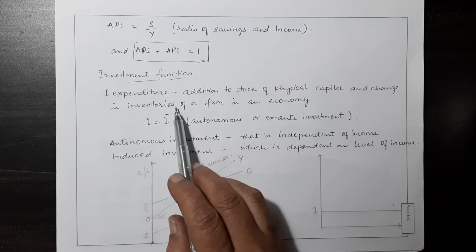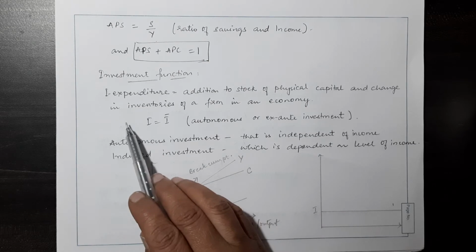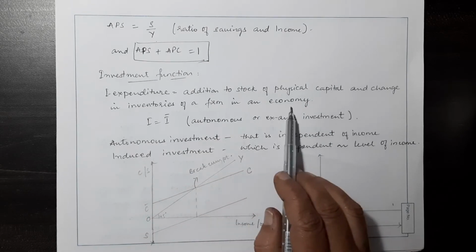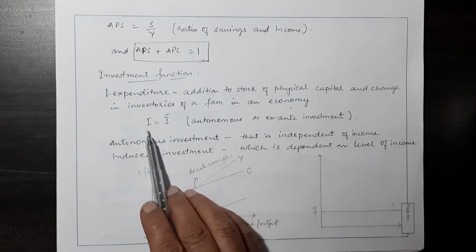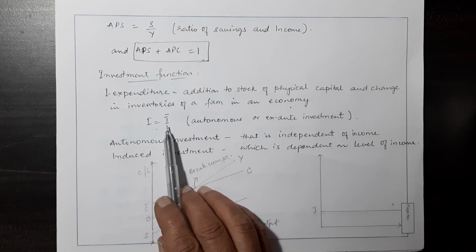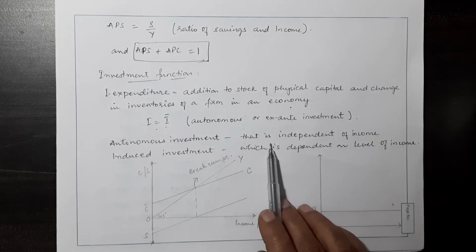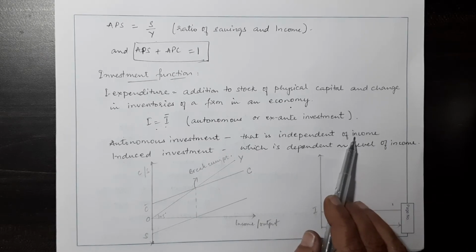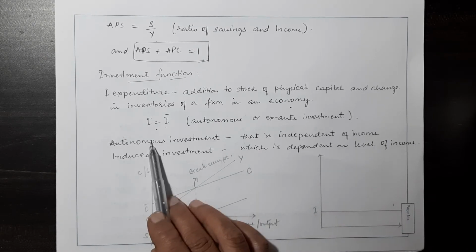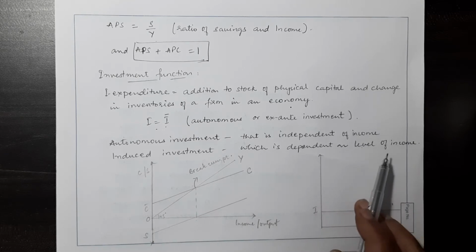The investment expenditure is addition to stock of physical capital and change in inventories of a firm in an economy. So investment function generally in a short-term equilibrium is taken to be the autonomous or ex-ante investment I bar. Now autonomous investment is that which is independent of income, and that is why autonomous. Induced investment is that which is dependent on level of income.